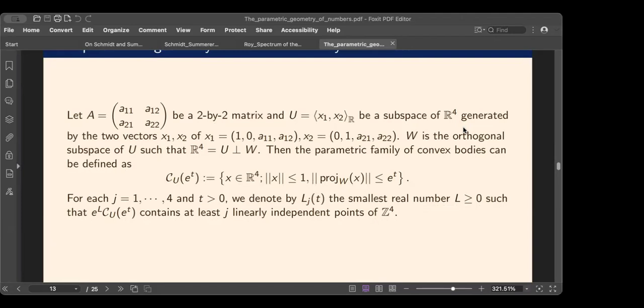For each J, L_J means the smallest number L such that this convex body contains at least J linearly independent points in Z^4.